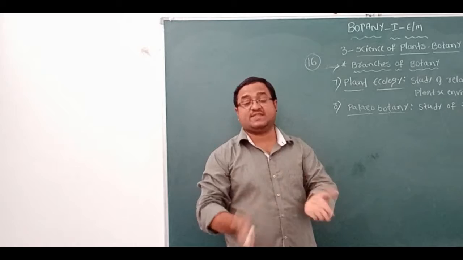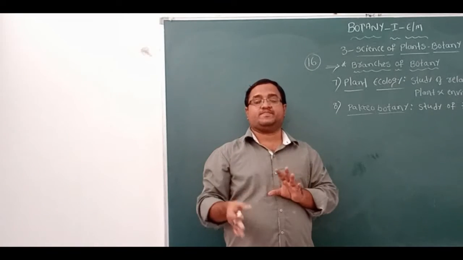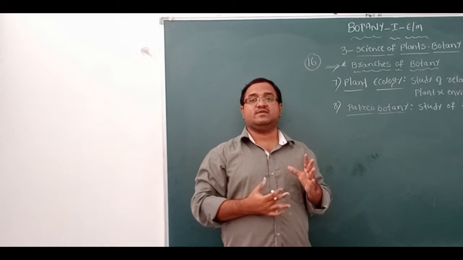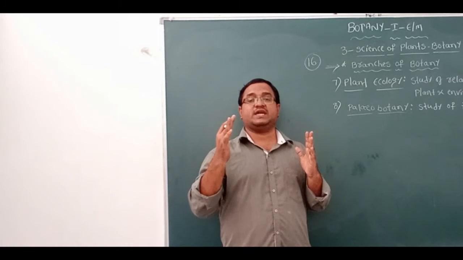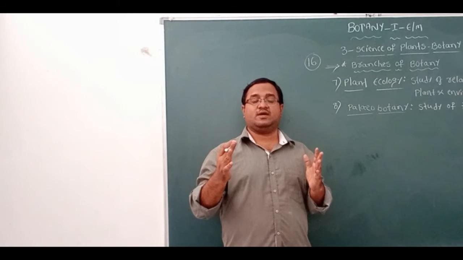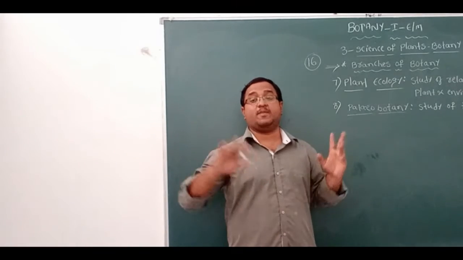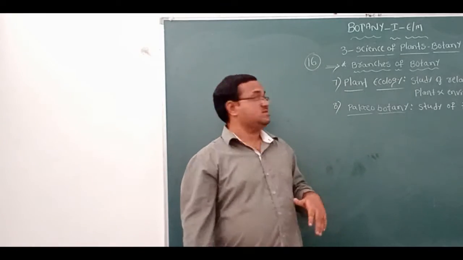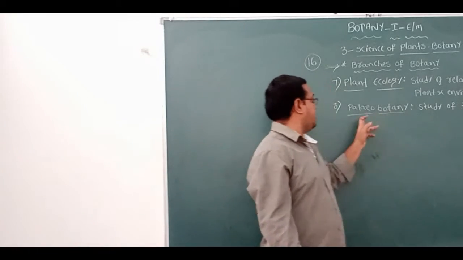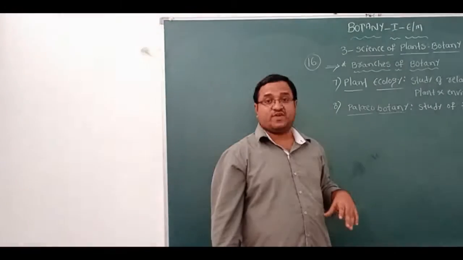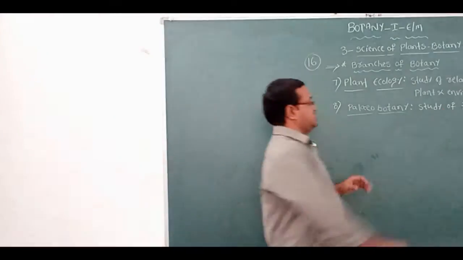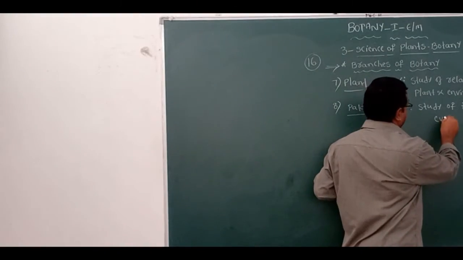Now what type of plants are there? So we can compare. By studying fossil plants, we come to know evolution in plants. The study of fossil plants is called paleobotany, which is very useful for understanding the evolution of plants.